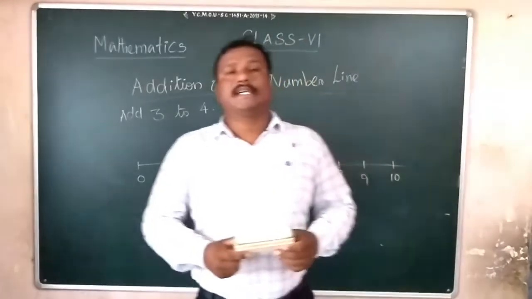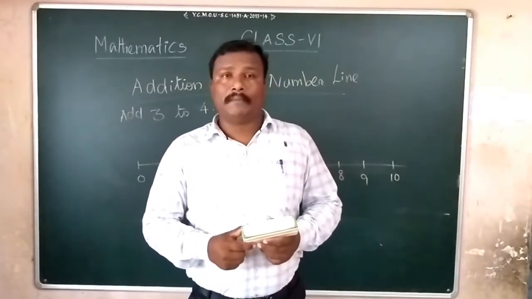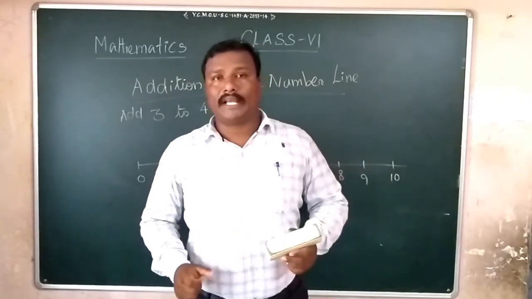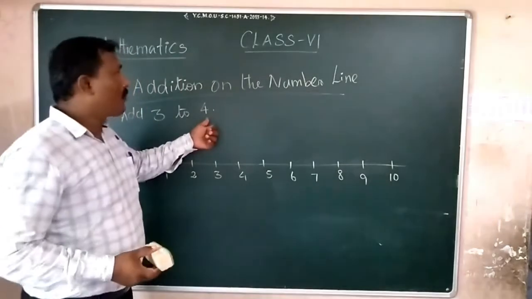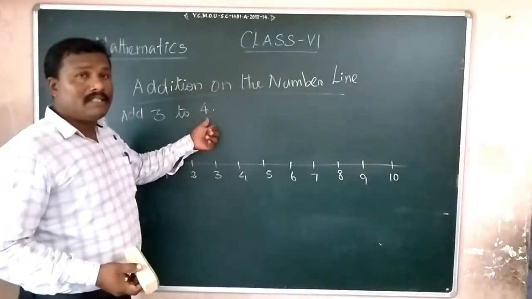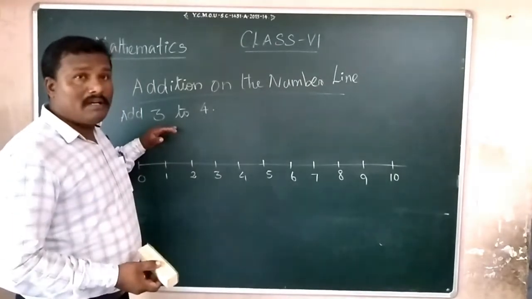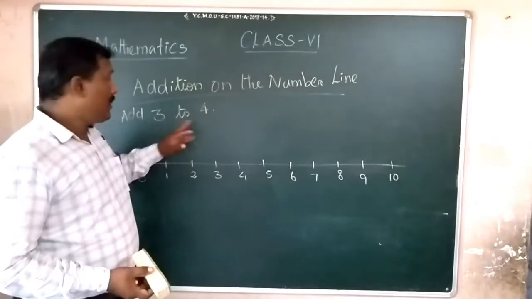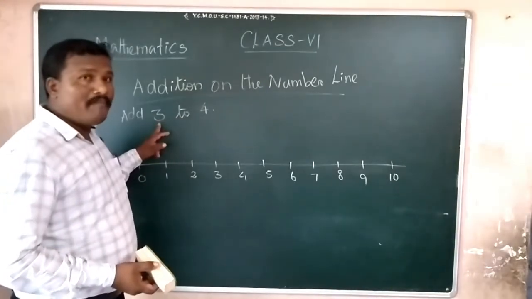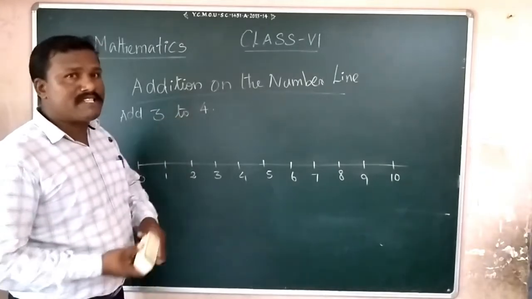Okay students, now let me show how to add numbers using this number line. Now we want to add 3 and 4. What is the result? How to find it using the number line? It's a whole number. You are on 3, and we need to add 4, so we have to jump 4 times.